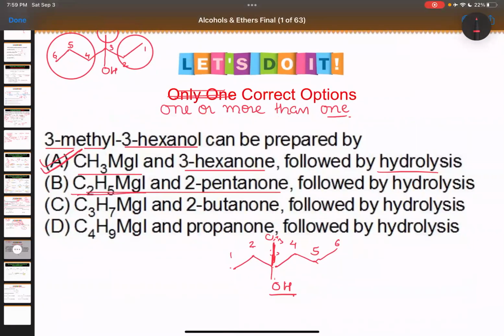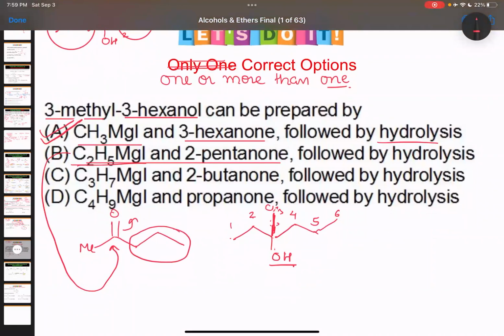Ethyl magnesium and 2-pentanone. So what is 2-pentanone? Pentan-2-one is this one. You have the methyl group and this propyl group already present on the ketone, and you bring in one ethyl group. This ethyl group is going to come in and join the doubly bonded oxygen carbon.